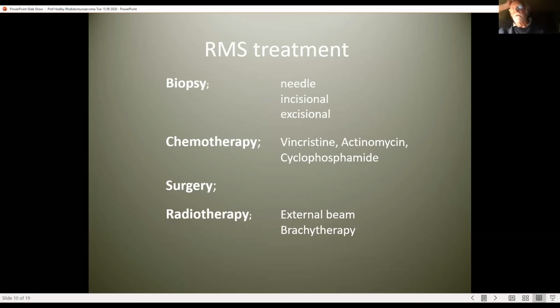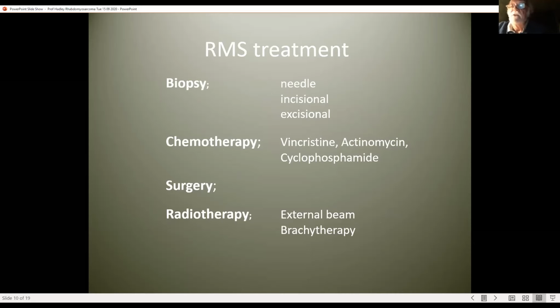So treatment, as is put, excisional biopsy. The very, very occasional small paratesticular tumor can be excised primarily because surgeons believe that there is no benign solid tumor of the testis. So you take it out and then you find out what it was. But needle biopsies are common.